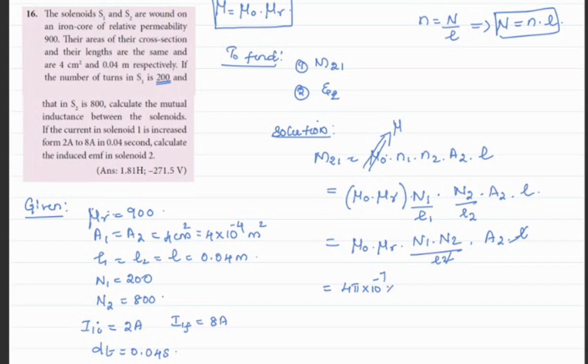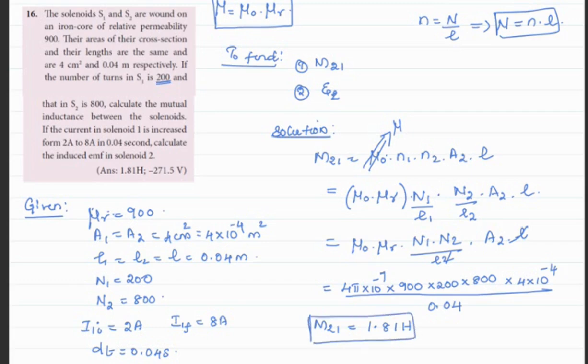Mu r is 900, N1 is 200, N2 is 800, area is 4 into 10 power minus 4 divided by length 0.04. Okay. So M21 is equal to 1.81 Henry. This is the first part of the question.